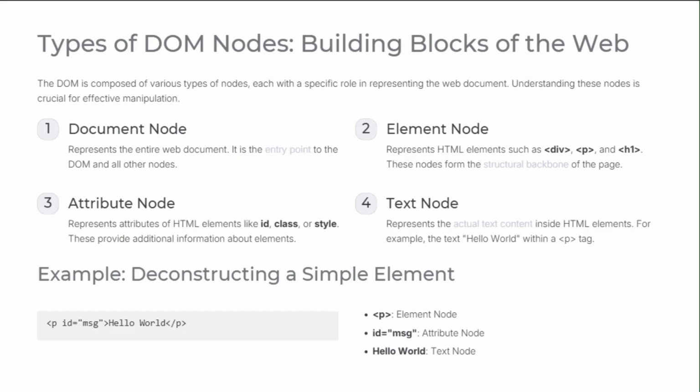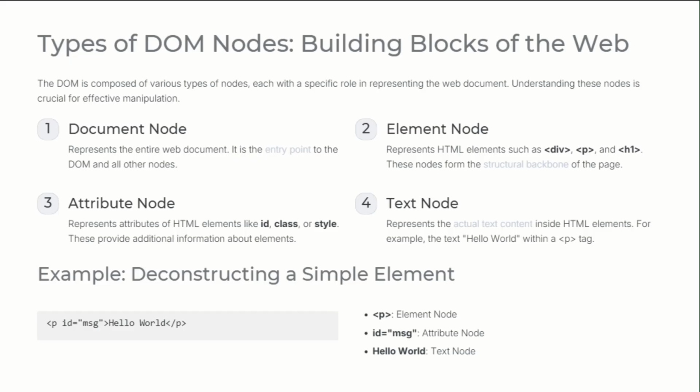Second is the element node, which represents HTML elements like divs, paragraphs, and headings. The attribute node represents attributes such as the ID, class, or style. The text node represents the actual text content inside HTML elements, for example, the text Hello World within a p tag.